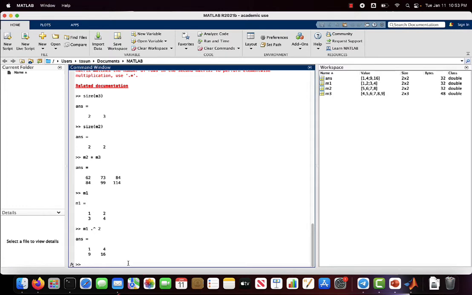Why? Because we are doing an element-wise exponentiation process here. The square of 1, the square of 2, the square of 3, and the square of 4.